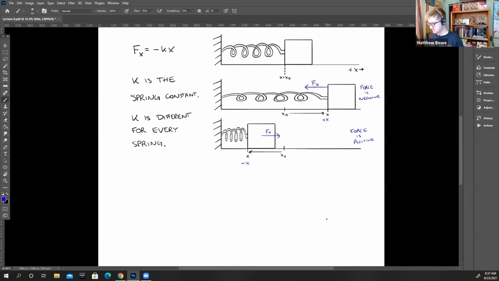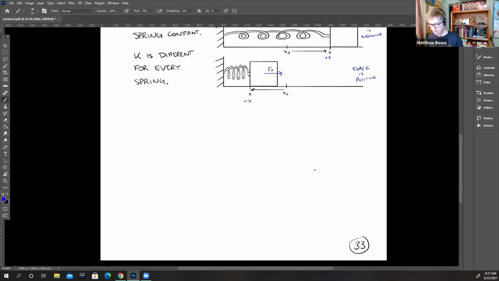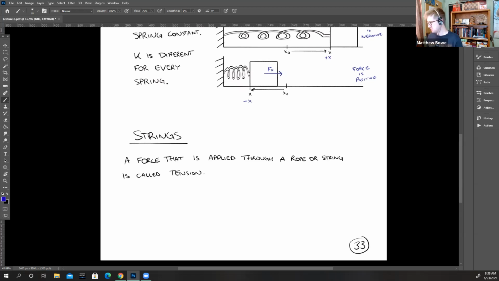Moving from springs to strings, like a string or a rope, we have strings. The force that is applied by using a string or rope is just called tension. That should be known already, but I wouldn't expect you to know already.